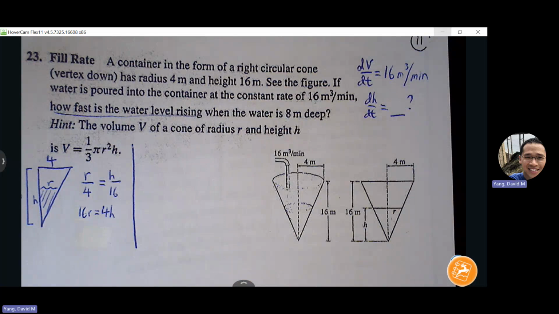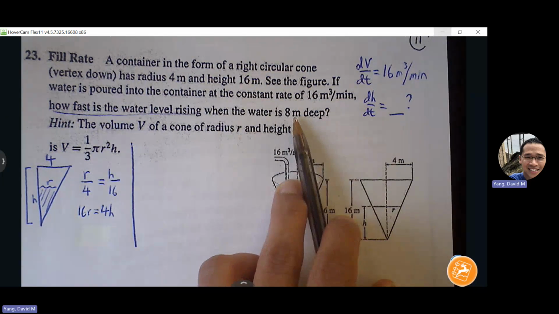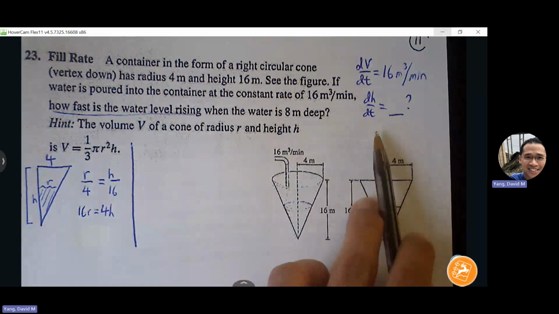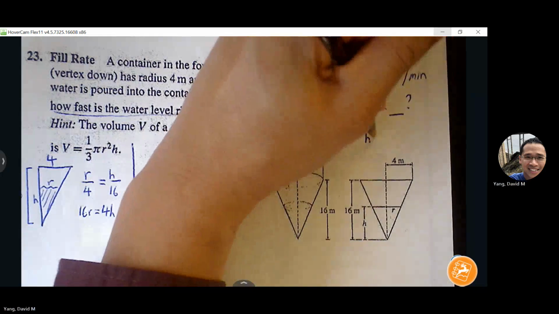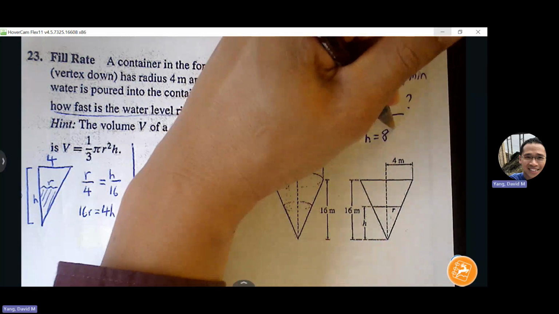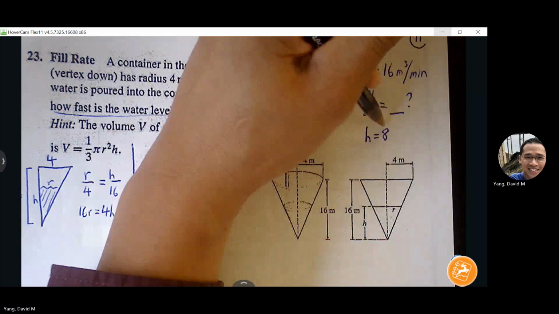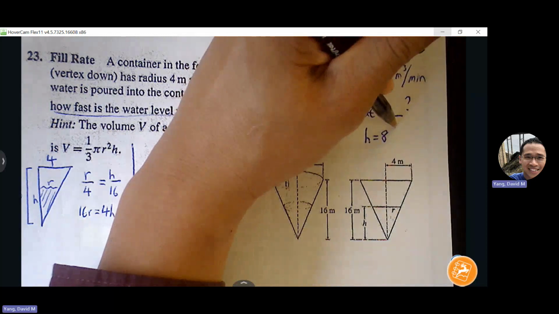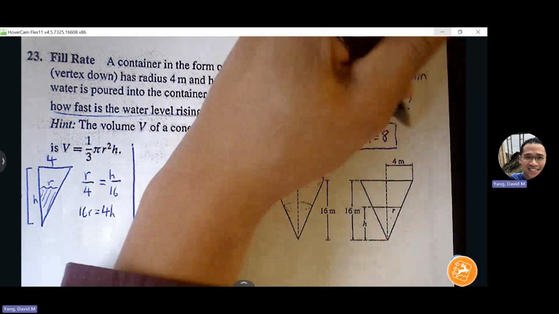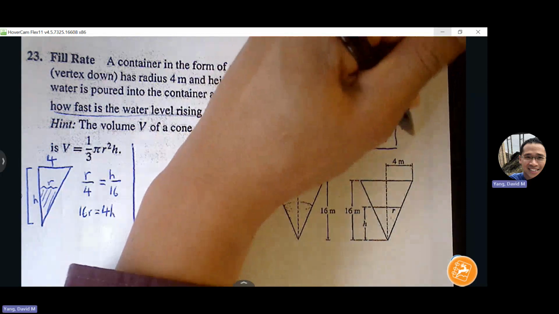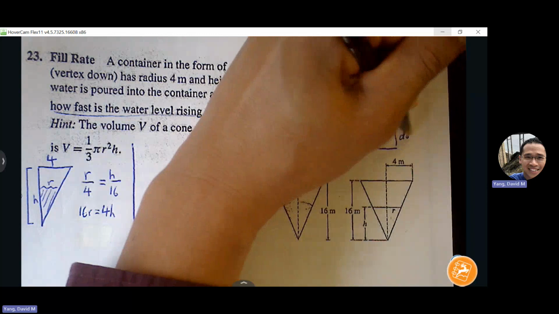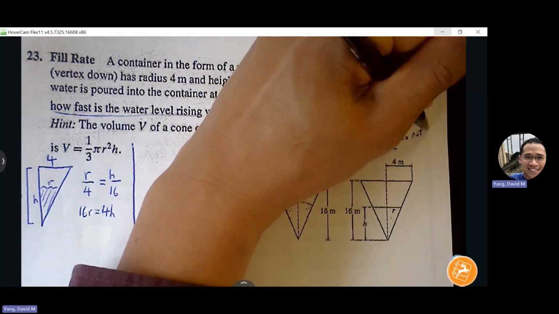That's height, right? Yeah, this one is height. What we're looking for is dh/dt, but we have 8. Now, this is the height of the water level. Is this always staying at 8? It's changing, right? So we want to hold off on using this until late, until the end.